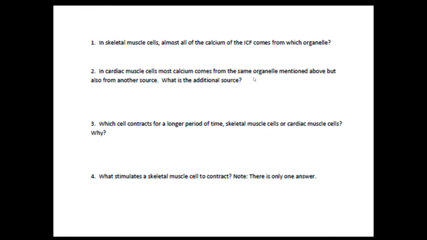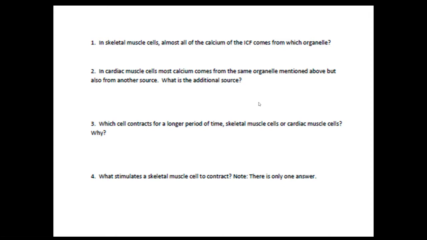Most calcium comes from the sarcoplasmic reticulum, but about 10 to 20% comes from somewhere else. Anybody know? Anyone? Going once? Going twice? The extracellular fluid.